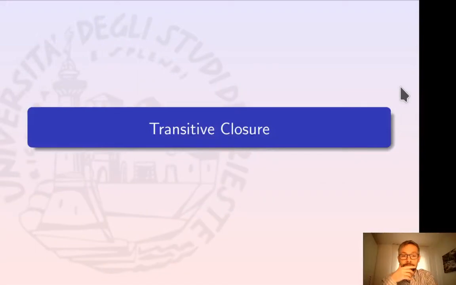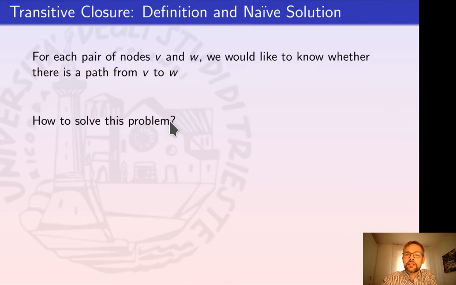So let's have a look first of all at the problem, and then try to solve it. So the problem is the transitive closure of a graph. What I mean by transitive closure, well, let me go to the slide. So the definition of transitive closure is the following one.